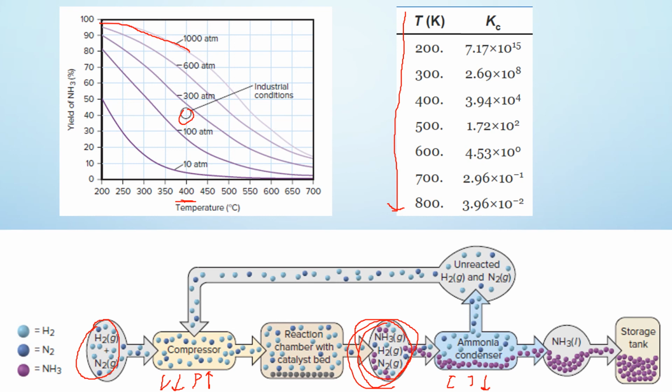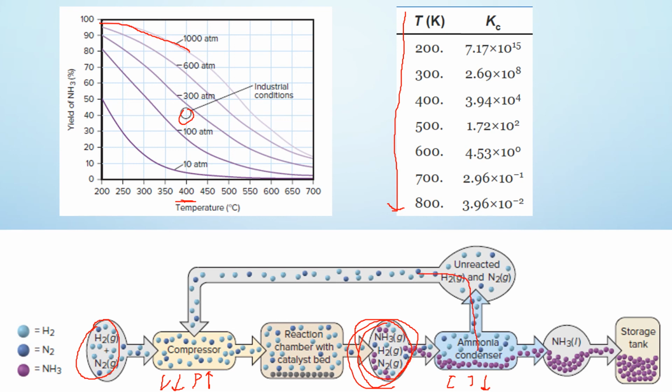So we take it away as it forms. And how do we do so? We decrease the temperature of this mixture. So the ammonia will condense first, and the nitrogen and hydrogen will remain in the gas phase. And we're not wasting those, because those are the reactants.